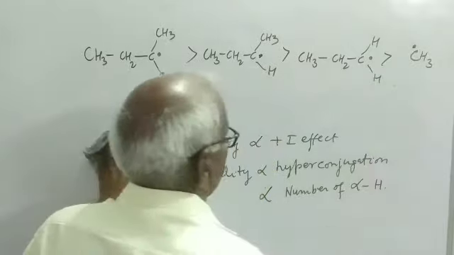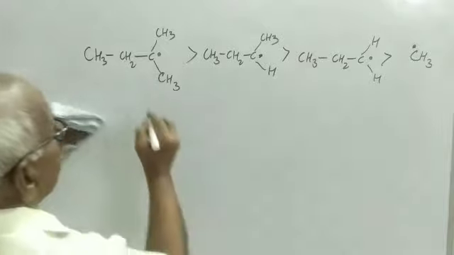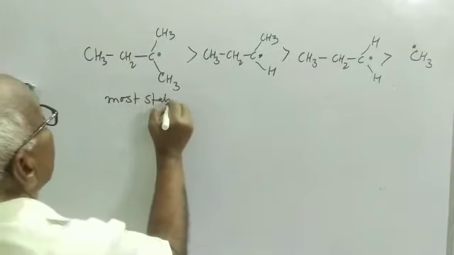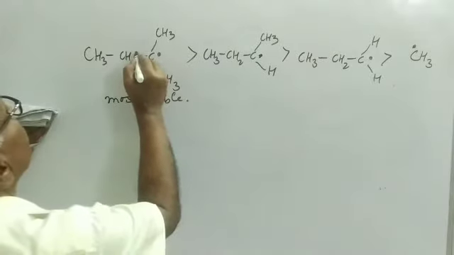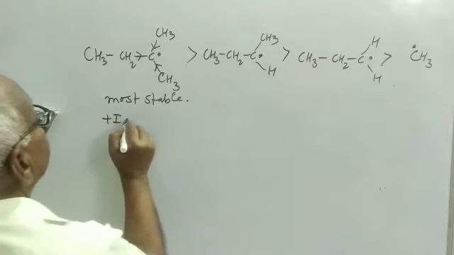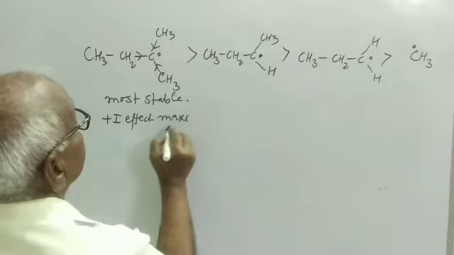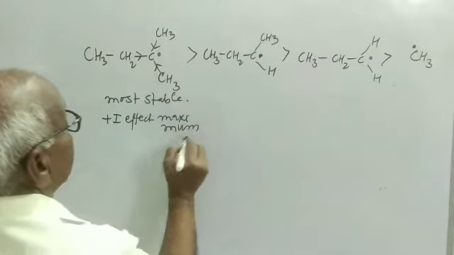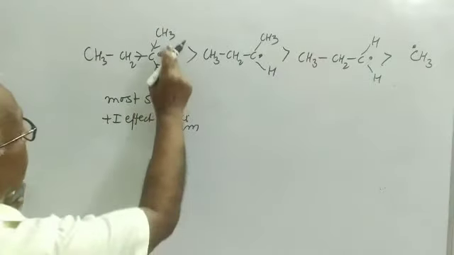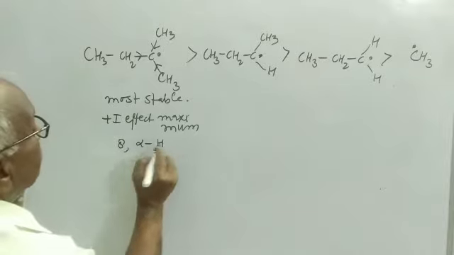This is least stable. CH is most stable. Reason is, this is plus I effect maximum, number of alpha hydrogens 3 and 2, 8 alpha H.